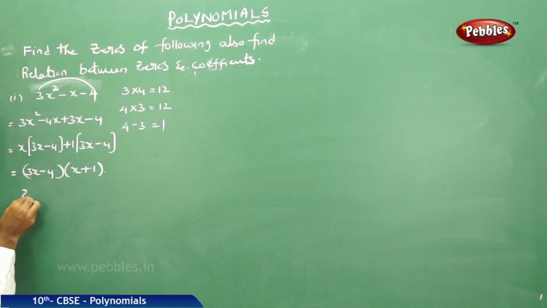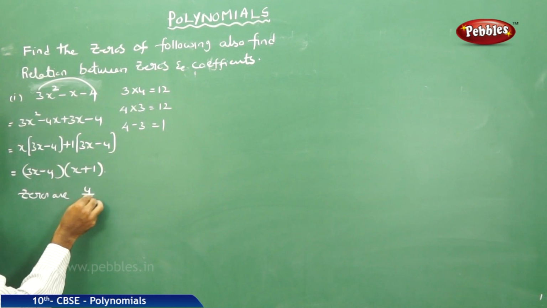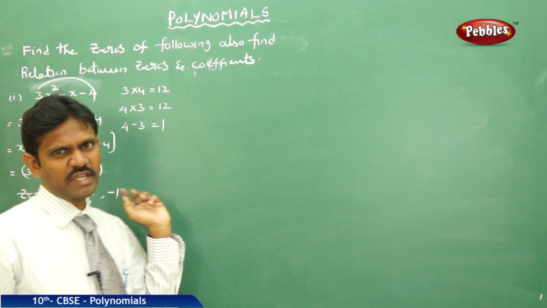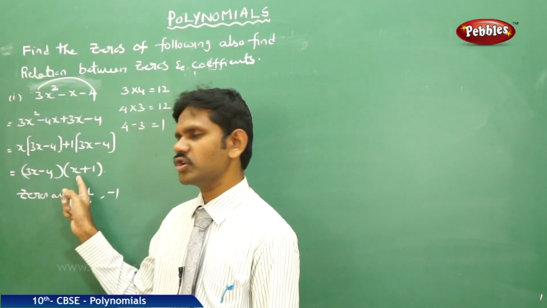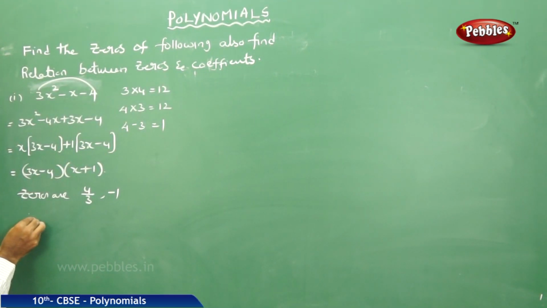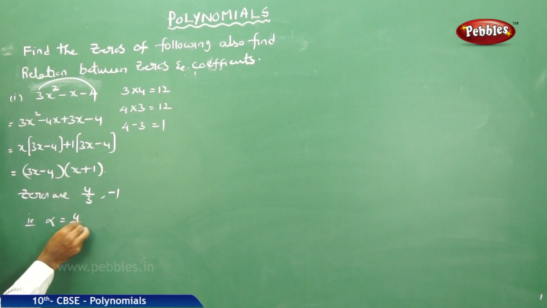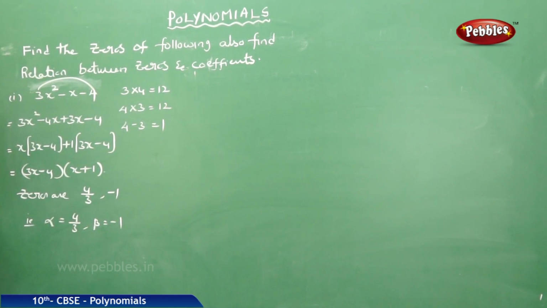Therefore, the zeros are 4 by 3 comma minus 1. The zero of 3x minus 4 is 4 by 3 and the zero of x plus 1 is minus 1. That is, alpha is equal to 4 by 3 and beta is equal to minus 1.